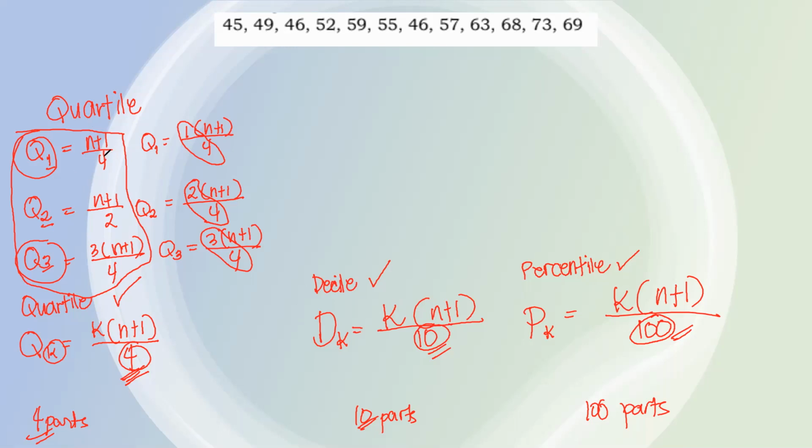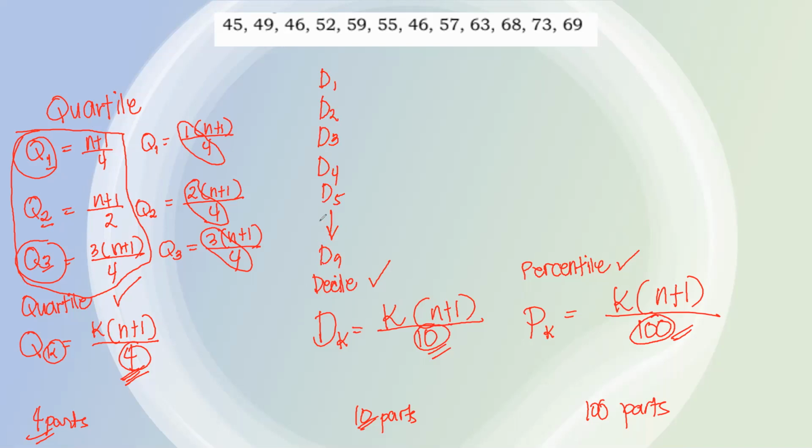Bakit ganito yung formula ng quartile? Kasi yung K natin dyan is 1, 2, 3 lang naman. While in decile, pag decile po, pwedeng D sub 1, pwedeng D sub 2, D sub 3, pwedeng 4, 5, and so on. Hanggang decile 9. Kasi decile 10, di na natin sinasolve yun. No?